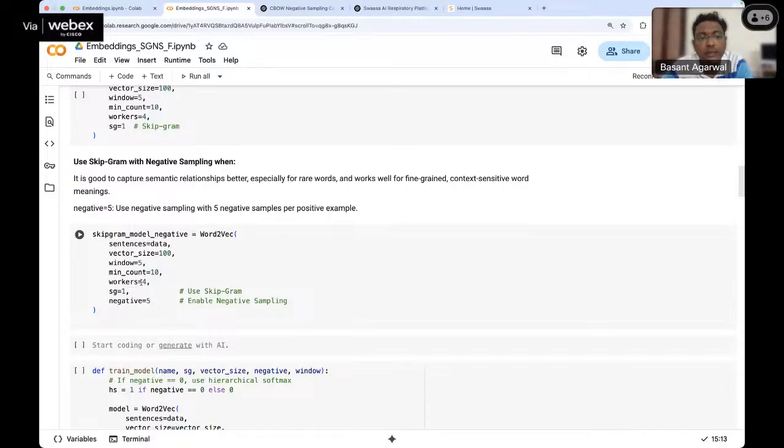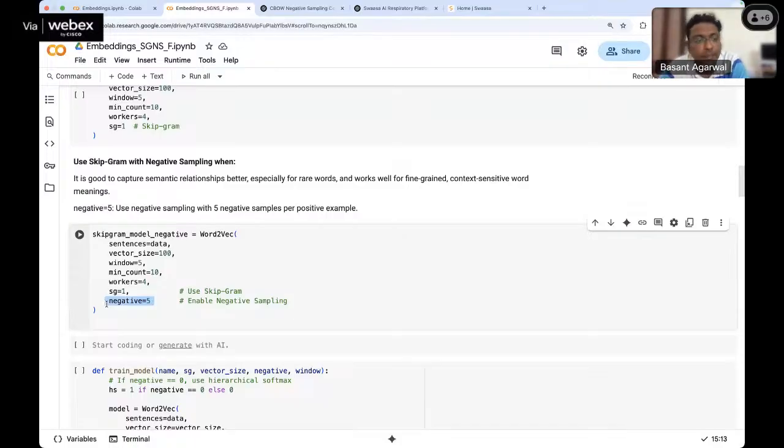And the third one is the implementation for skip gram with negative sampling, in which we just pass one more parameter, which is negative sampling. By giving the parameter negative equal to 5, it means it will take 5 negative samples corresponding to each positive sample.